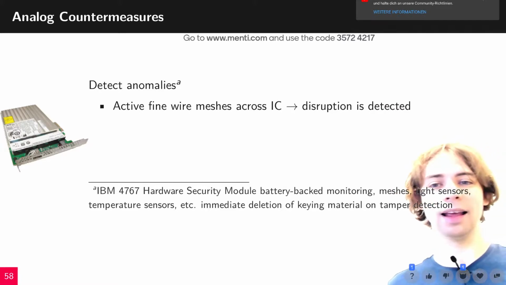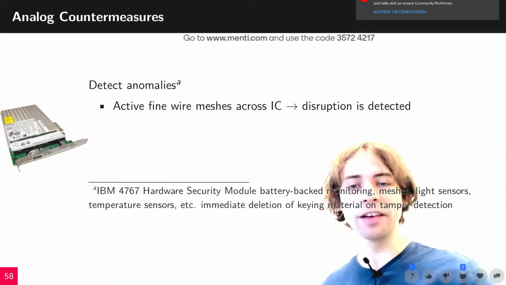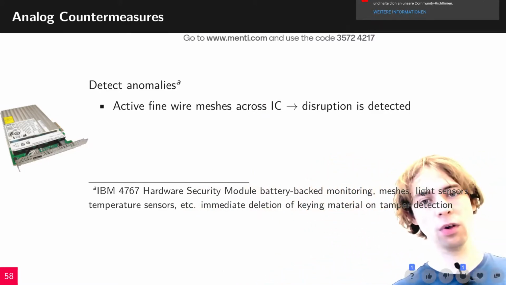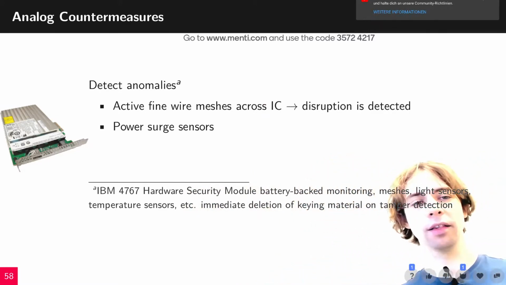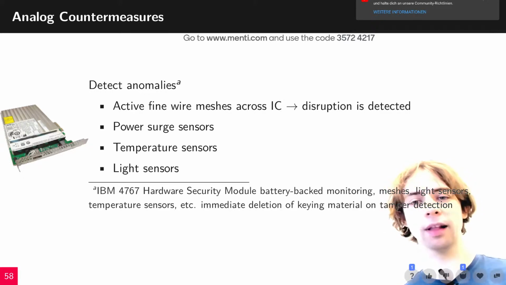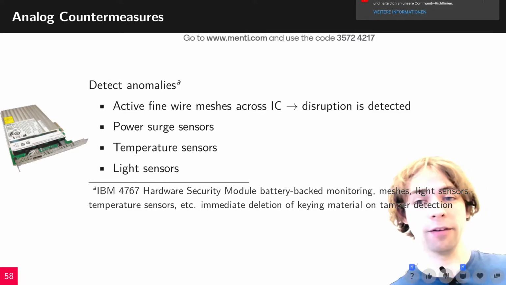You can't really get in there. And these meshes, they are really through this entire circuit. So you would really detect whether there's something manipulated. Power surge sensors, temperature sensors, light sensors, a lot of sensors. So this is against physical attackers.